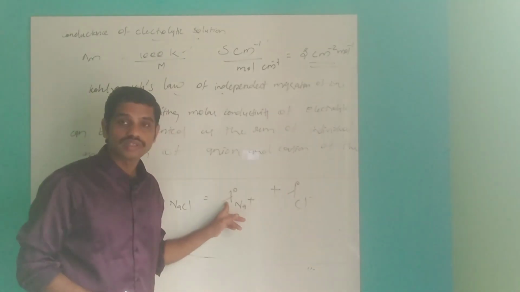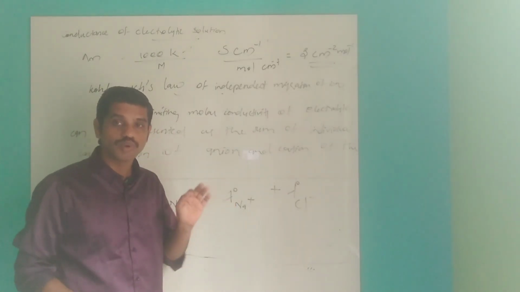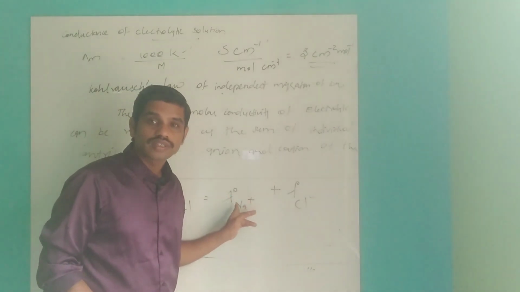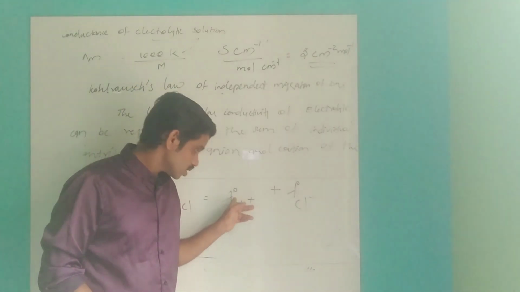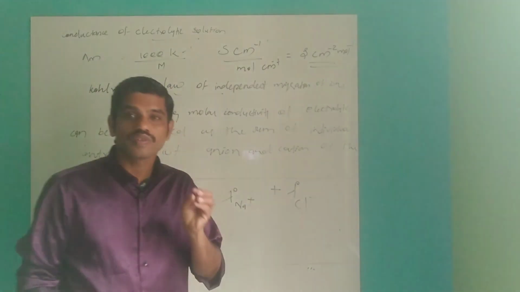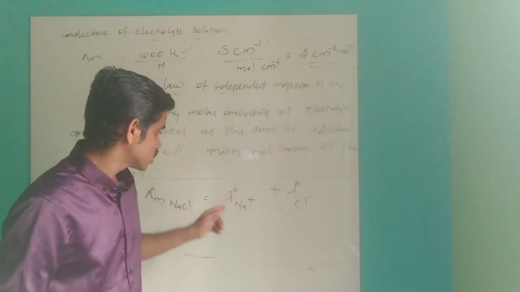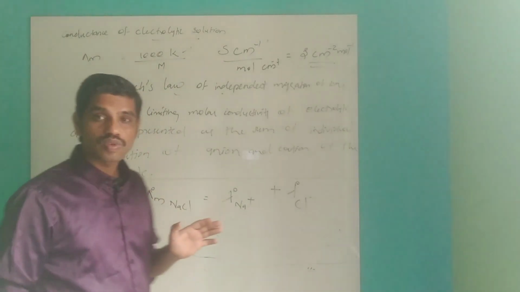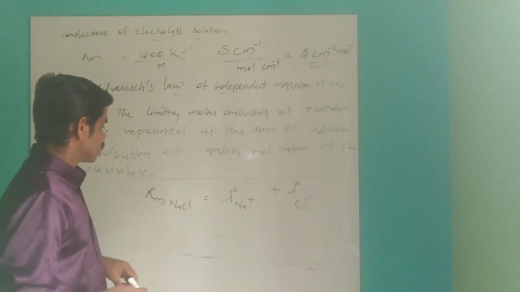The small lambda represents the limiting molar conductivity of the ions. That is the difference: small lambda represents the ion and capital lambda the electrolyte.